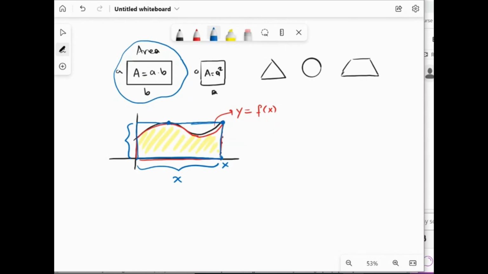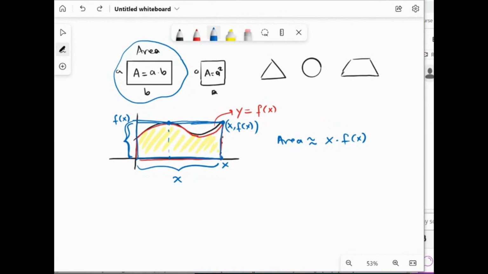These two heights are almost the same. So let's say this is the height of the rectangle. If this is the x value, the y coordinate here is given by the f of x value. So you can say that the area under this curve is approximately x times the height, which is f of x, or the y coordinate. So this is x times y. In terms of x, it is just x times f of x.